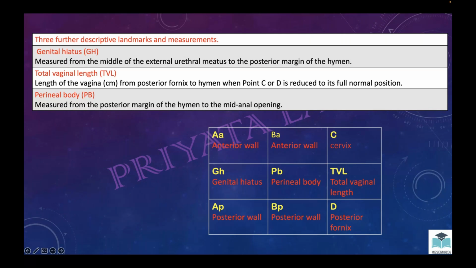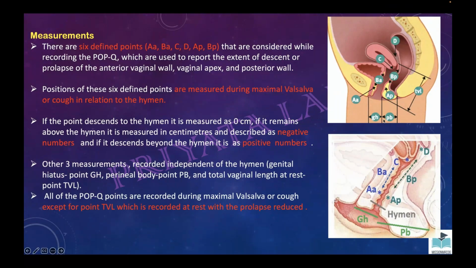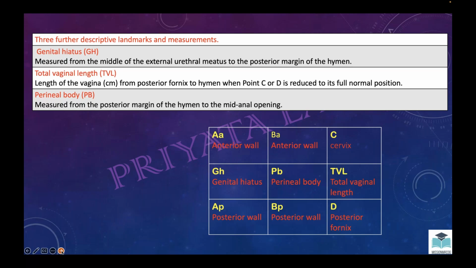And the perineal body is from the posterior margin of the hymen to the mid anal point. So these are the descriptive points. Can you tell me what the descriptive points are? Yeah, wonderful, you are learning very fast. So this way, first we need to make a grid. Does it make sense for you?